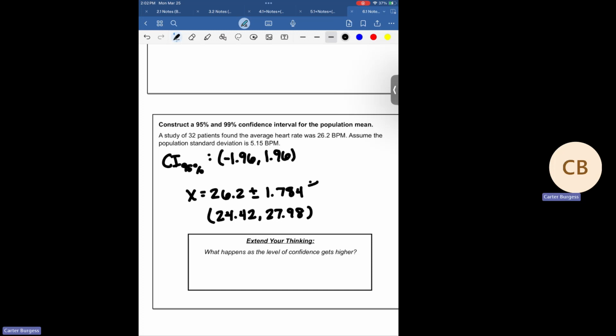Did you get the margin here? It should be plus or minus 1.96 times 5.15 over the square root of 32.